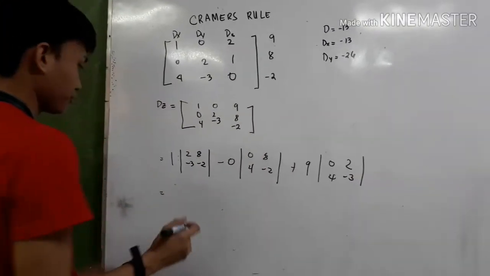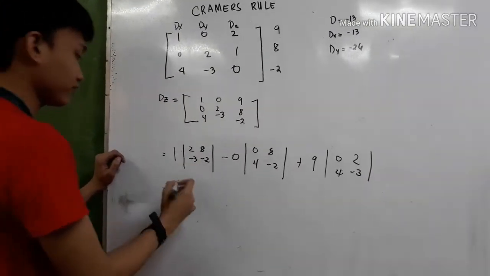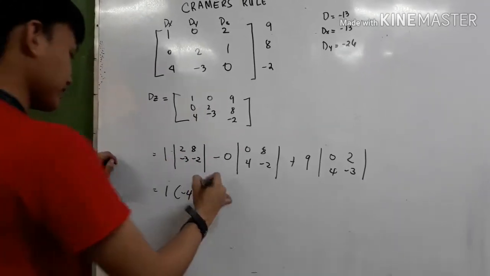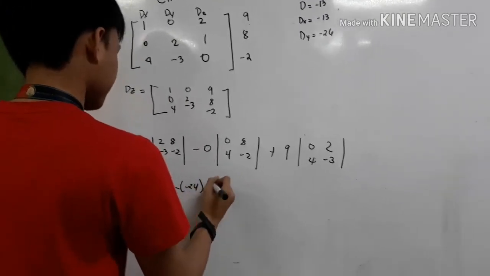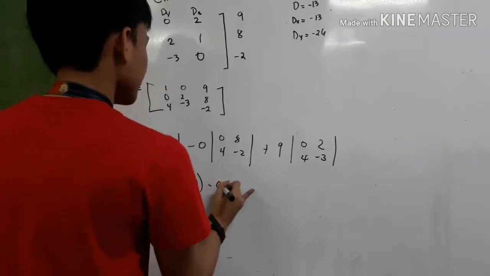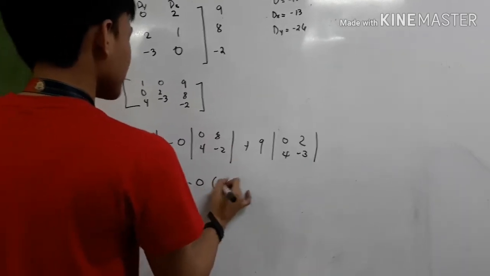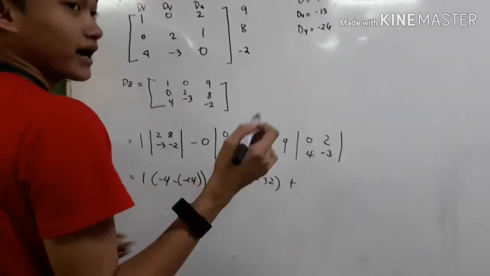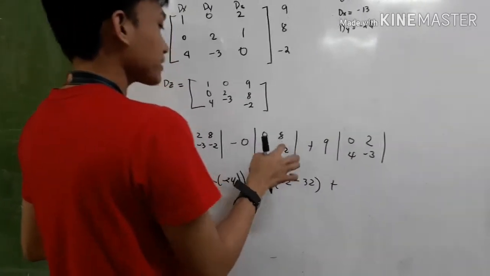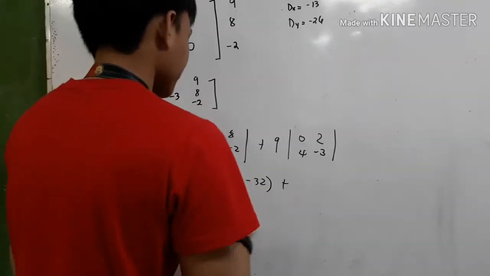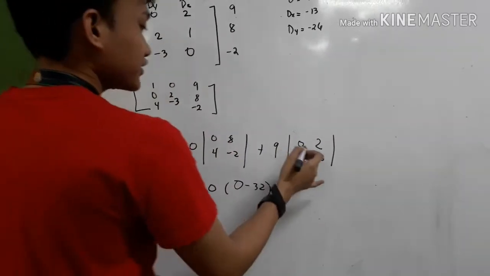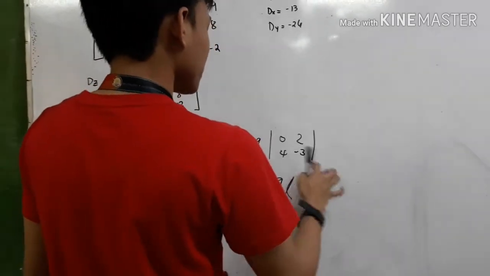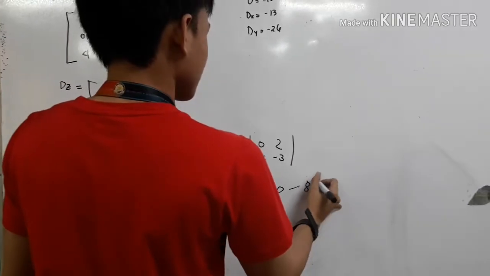So let's compute. 2 times 2 is equal to negative 4. Minus 8 times negative 3 is negative 24. Minus 0 times negative 2 is negative 2 minus 32. So I have an error. So 0 times negative 2 is 0. Then 0 times negative 3 is 0. 0 minus 4 times 2 is equal to 8.